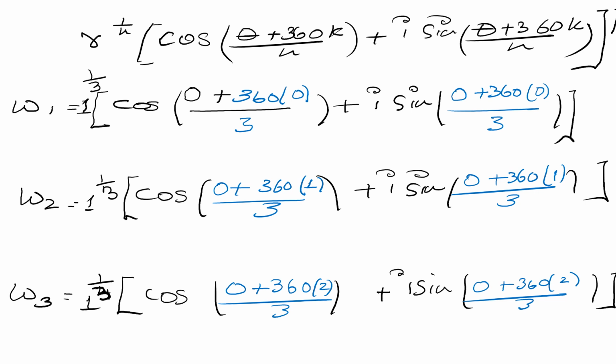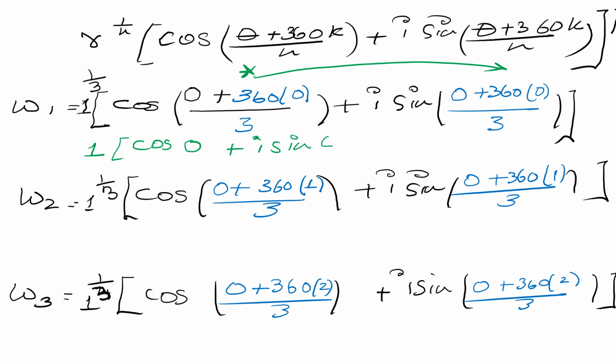Now what you do, make your life easier. Okay, do not write everything as it is. Now 1 to the power of 1 over 3 is 1, right? Write here cosine. Now calculate only the angles, that is 0 plus 360 times 0 divided by 3, you will get 0. Plus I sine, and of course this and this, they are same, so just write the 0 as it is. Now go to the second part, that you will write 1, cos.